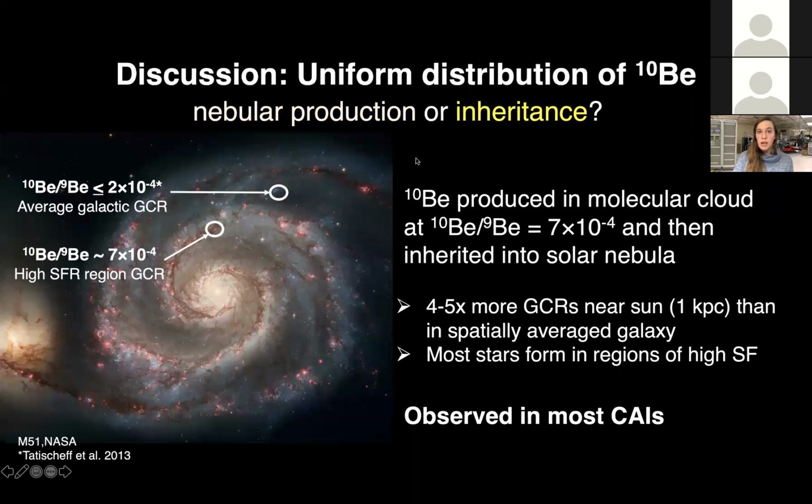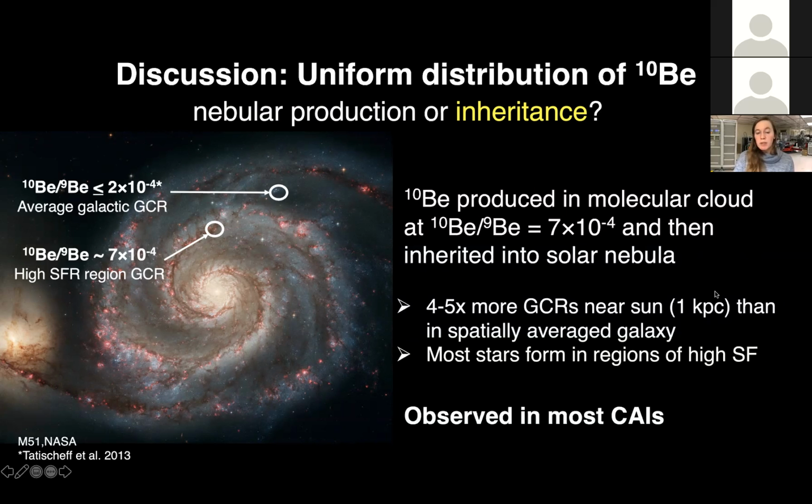We think that inheritance is the main way beryllium-10 is produced. This is when it's made in the molecular cloud and then inherited into the solar nebula. But the beryllium 10/9 ratio in the average galaxy produced by galactic cosmic rays is less than 2 times 10 to the minus 4, whereas I'm measuring a ratio of 7.